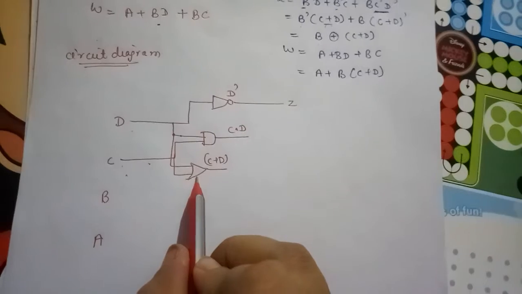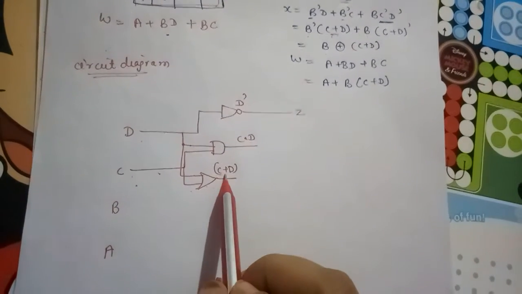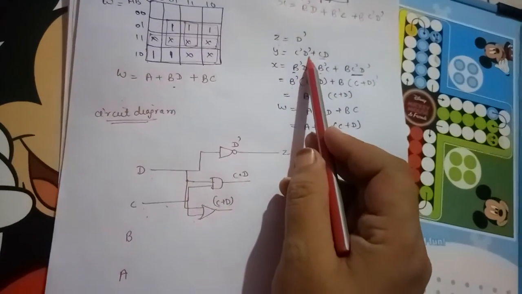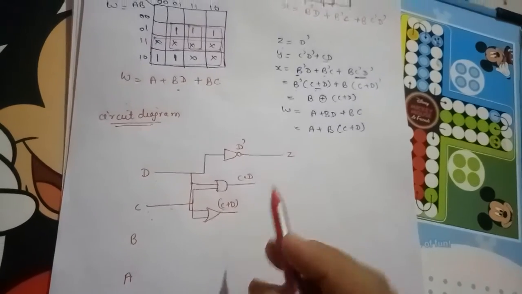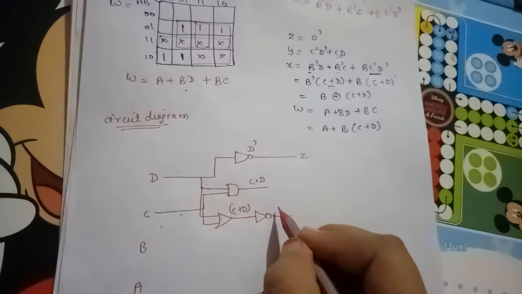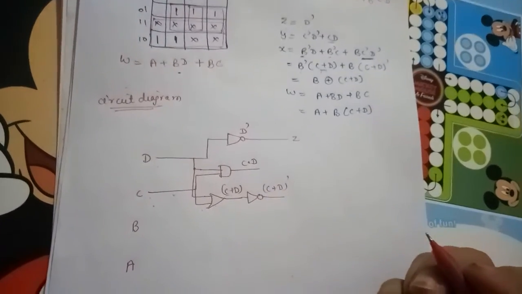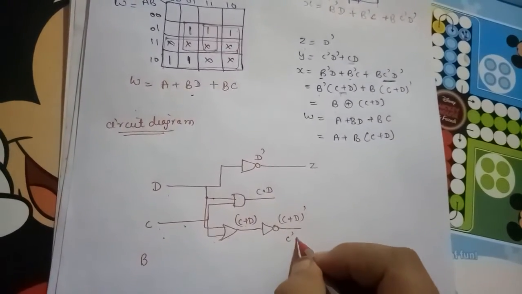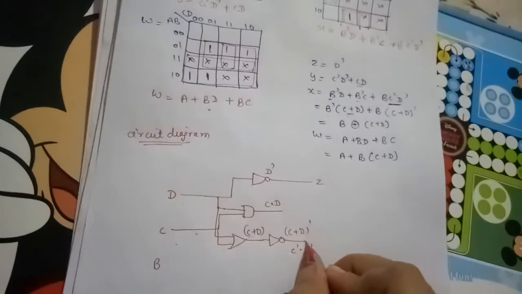We have taken an OR gate here and are giving the inputs C and D, and this will give you C plus D, but we need what? C bar D bar, right? So if we invert this value like this, then this will give you the complement of C plus D. The complement of C plus D is equivalent to C bar dot D bar, as per De Morgan's theorem, right?